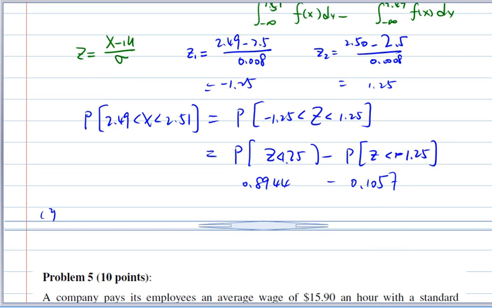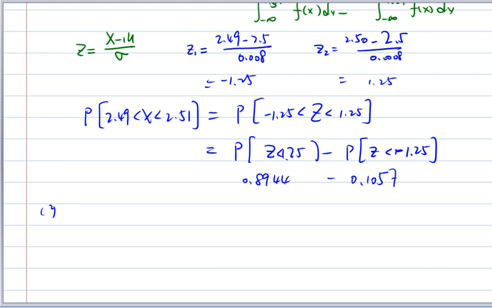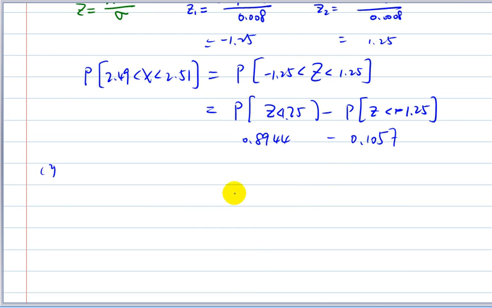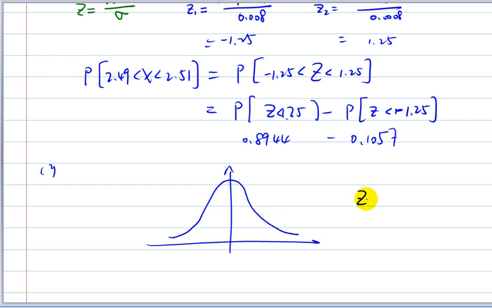Now let's start from the Z value, the standard value Z. We know it's a normal distribution, with Z having a mean of 0 and a variance of 1.